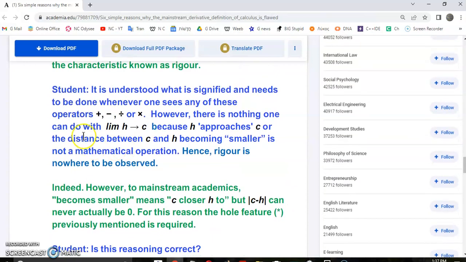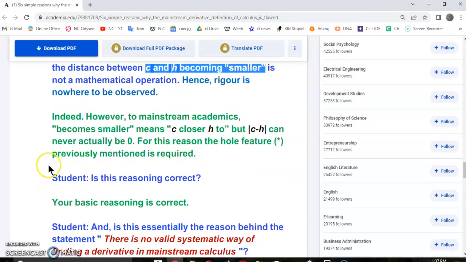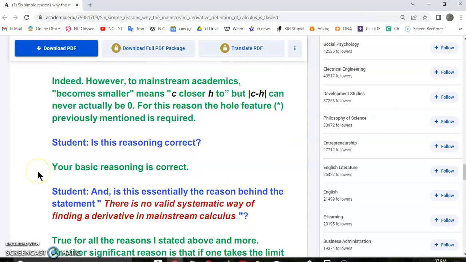So the student also makes this comment here where he says it is understood what is signified and needs to be done, whether one sees any of these operators, the basic 4 operators of arithmetic. However, there's nothing one can do with lim h approaches c, because h approaches c, or the distance between c and h becoming smaller, is not a mathematical operation. Okay? And hence the rigor is nowhere to be observed.